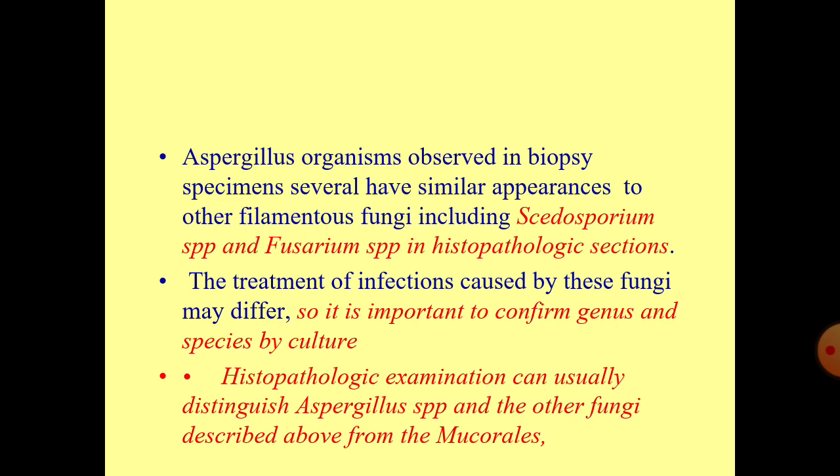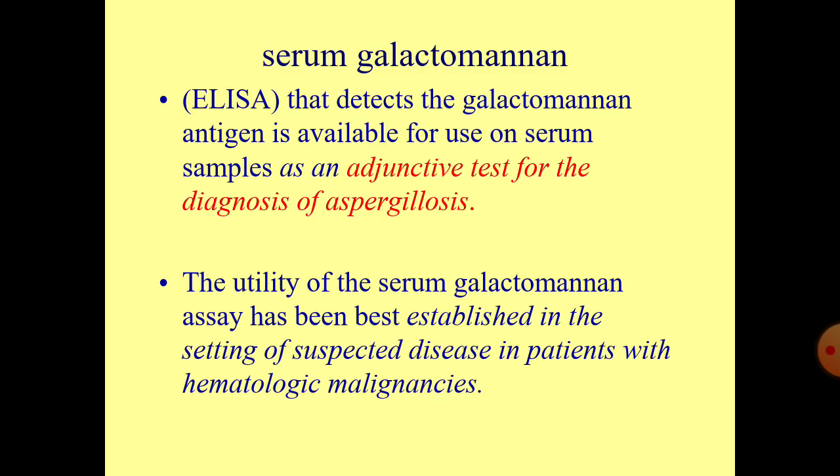The treatment of infection caused by these fungi may differ, so it's important to confirm genus and species by culture. Histopathological examination can usually distinguish Aspergillus and the other fungi described above from the Mucorales. This is another beneficial test because, as we said, Aspergillus commonly involves the lungs, and this patient has respiratory distress.